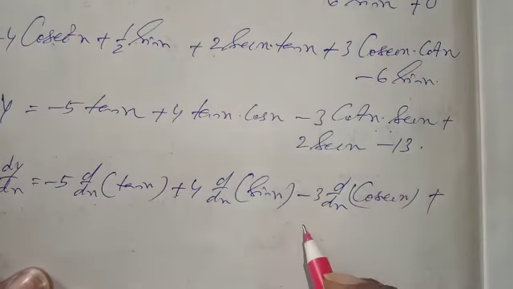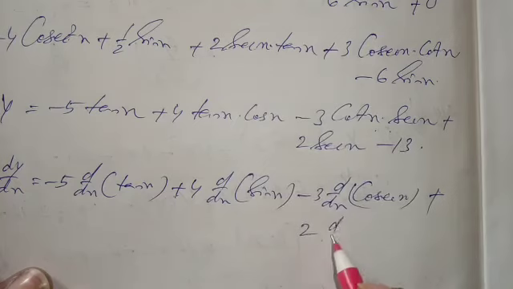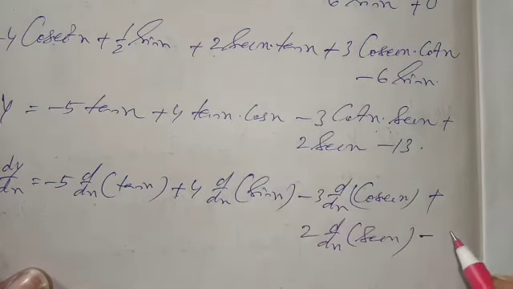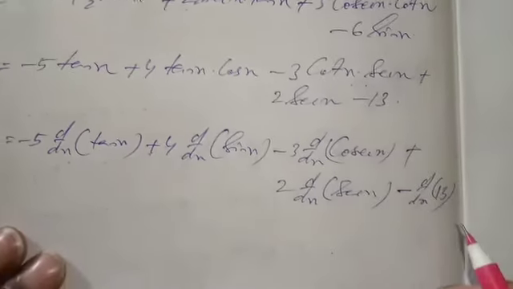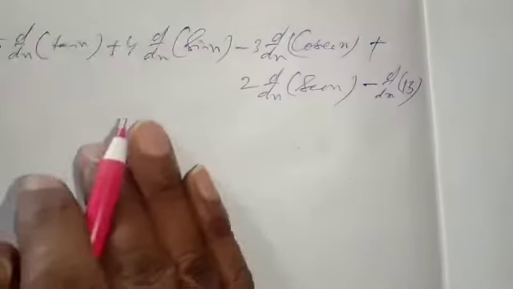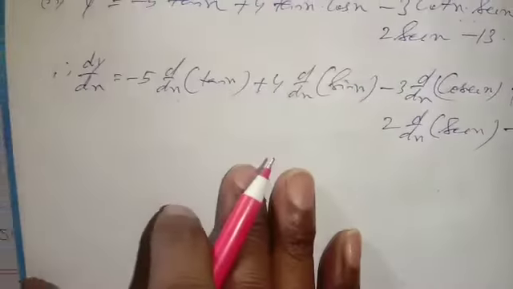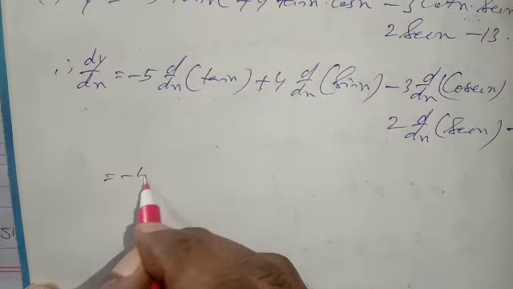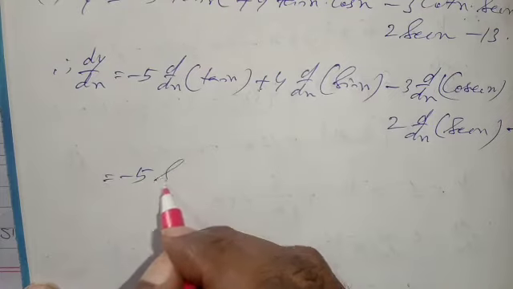Plus 2 taken outside, d by dx of sec x, and minus d by dx of 13. Then this will be 0, no doubt. After that, finally, what are you getting? Just to see. Minus 5 tan x, the derivative is how much? Sec square x.